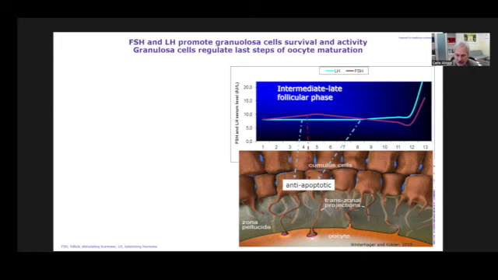We can have optimal passage of molecules and signaling stimuli for the oocyte.